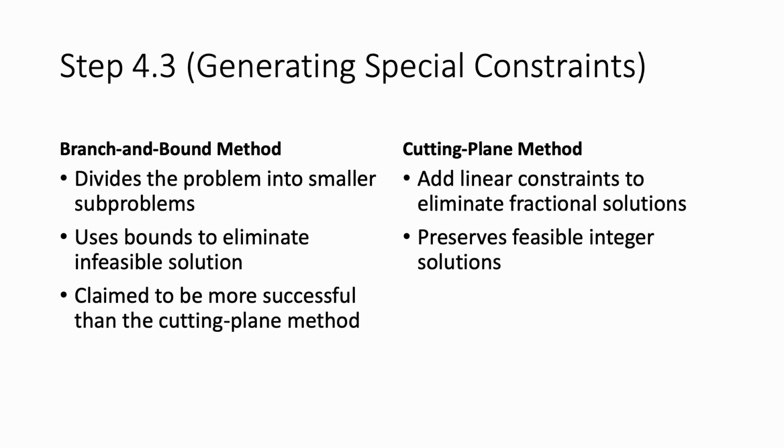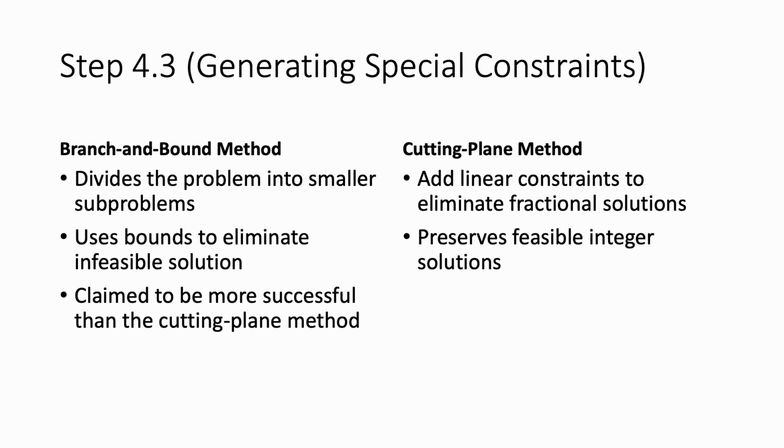Okay, so let us zoom in into step 4.3, the part where the integral restrictions are imposed. Again, as I've said earlier, we'll study two methods, the branch and bound and the cutting plane methods. These are basically the difference between the two.